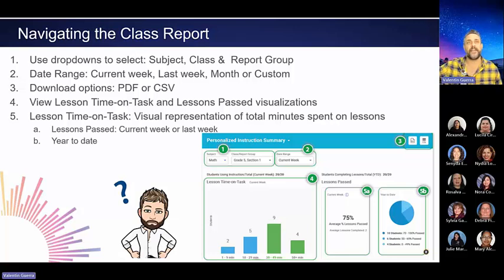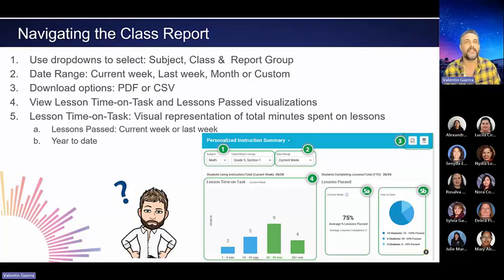In the area number 5, actually, I'm skipping number 4. Number 4 shows, as a whole group in your classroom, the time on task and the lessons passed visualization. So it will tell you how many students you had with only time on task from 1 to 9 minutes, from 10 to 29 minutes, from 30 to 49 minutes, and 50 or more minutes.